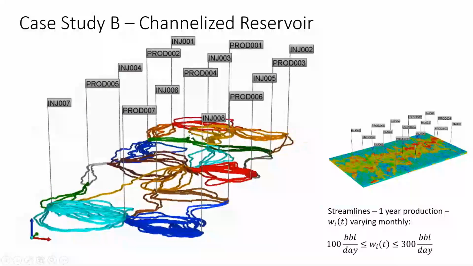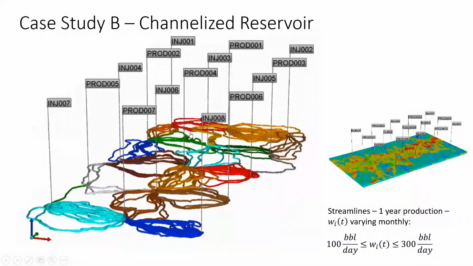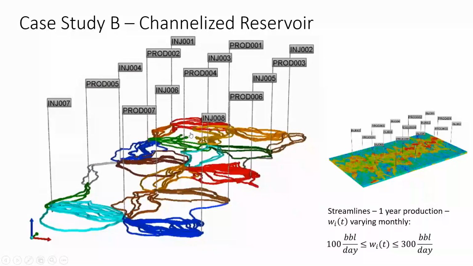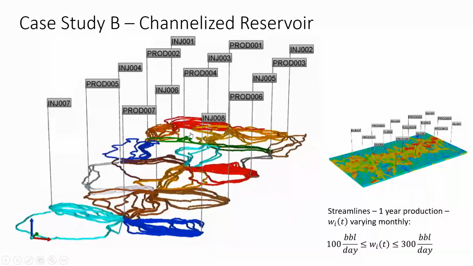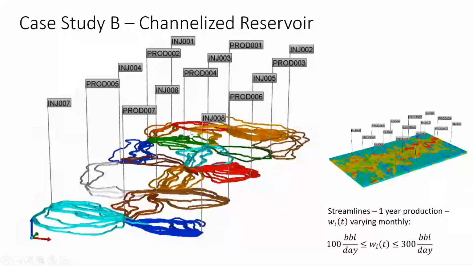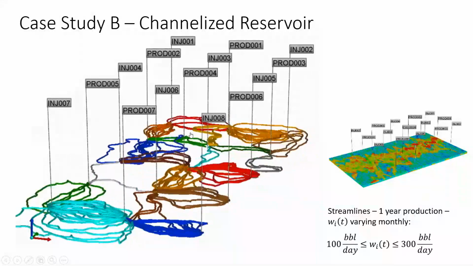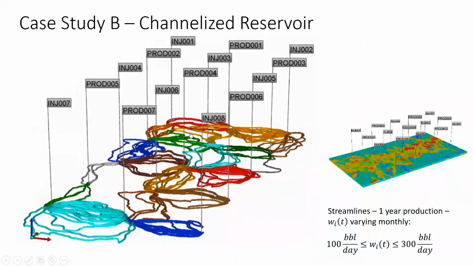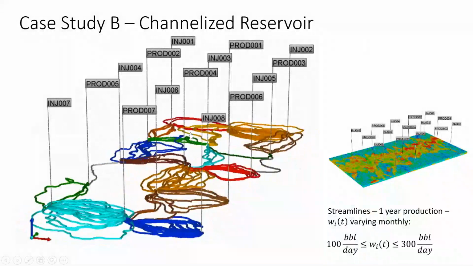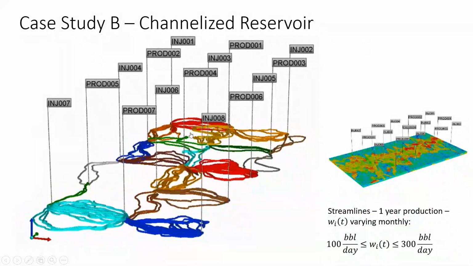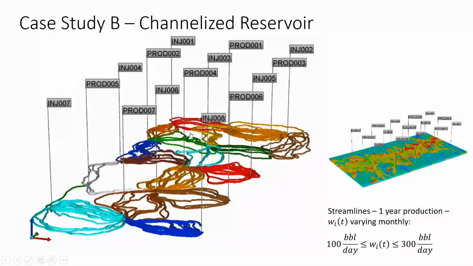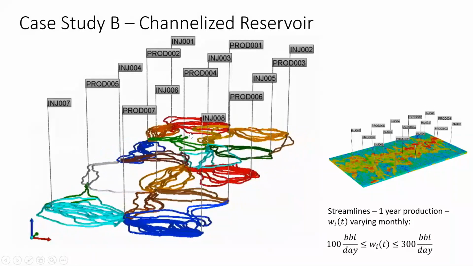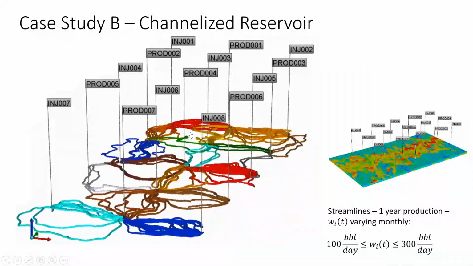In addition to that, we can also look at a more complex example, which is this channelized reservoir, where we are showing the streamline allocation factors and how the streamlines change over time as we change the injection rate in this field.